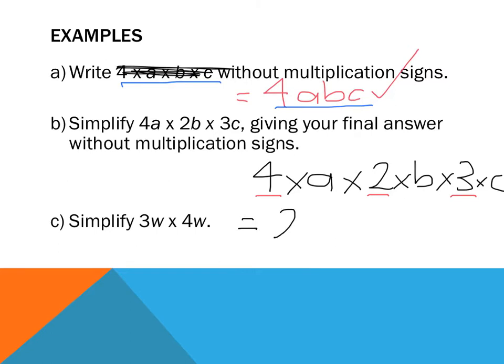So I write down 24 there. Now it's 24 times A times B times C. I don't write it with multiplication signs, but rather 24ABC.